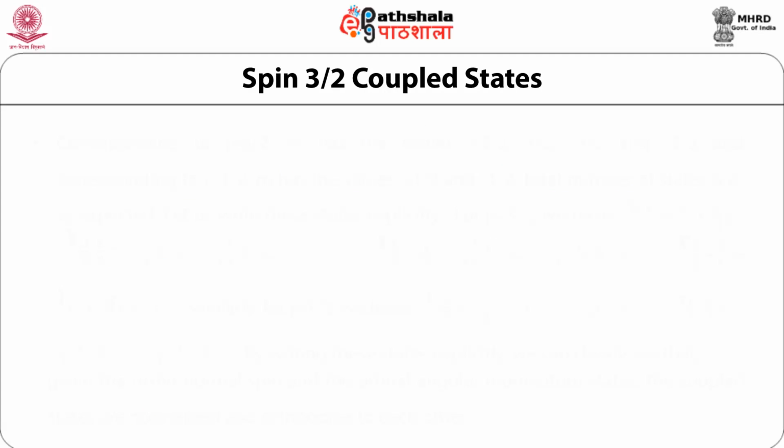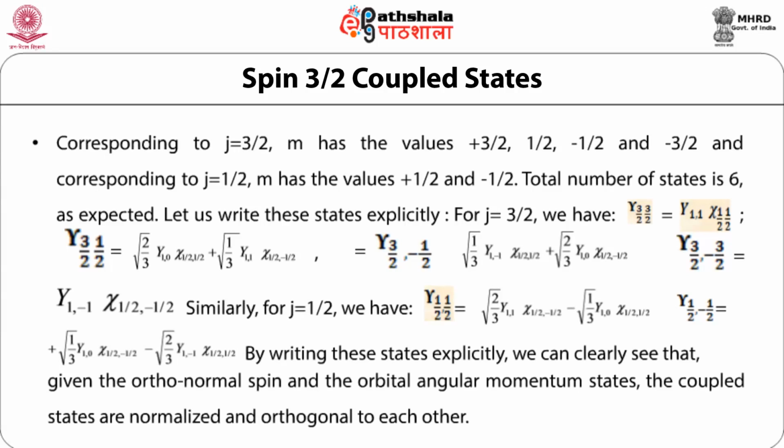Now corresponding to the total angular momentum J equal to 3 by 2, M can take the values 2J plus 1. That is, if J is equal to 3 by 2, then the total values that M can take are 4, corresponding to M equal to plus 3 by 2, M equal to half, M equal to minus half, and M equal to minus 3 by 2, since the values of M, that is the magnetic angular momentum, lie between plus J and minus J.